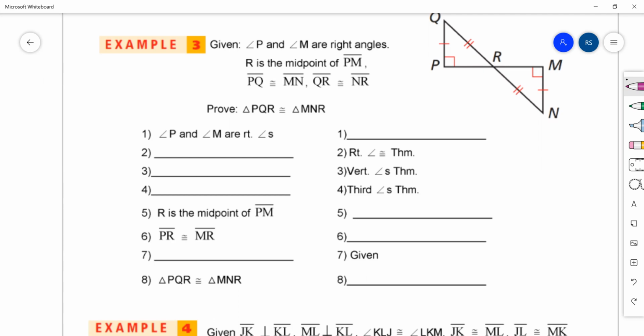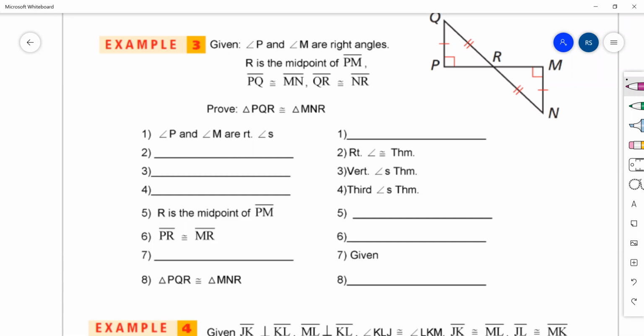Okay, so as part of a proof, they're always going to have to give you something to start with. So we have 3 facts up here that are just given to us. So let's see what, as we go through this proof, let's see what they say.